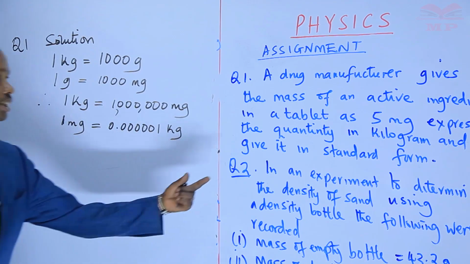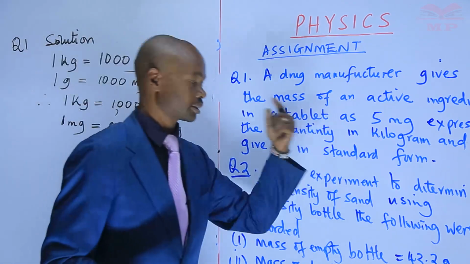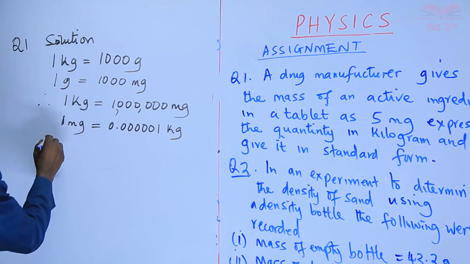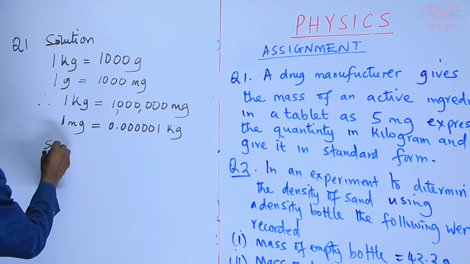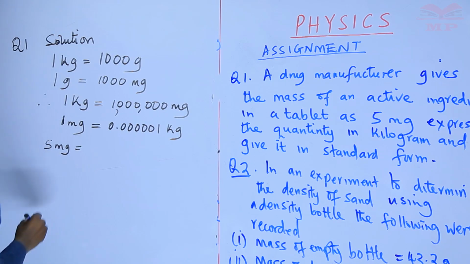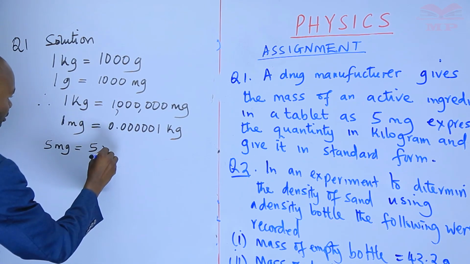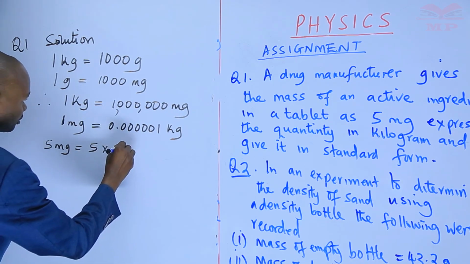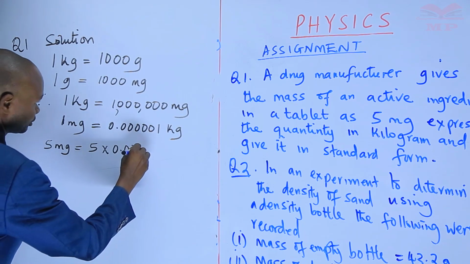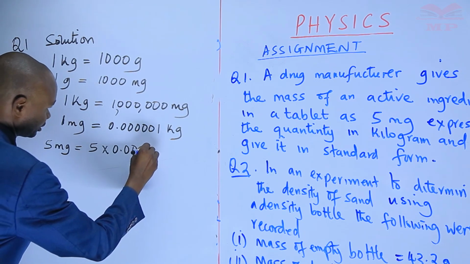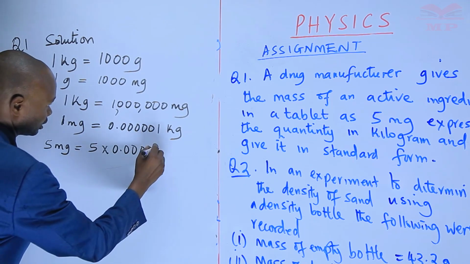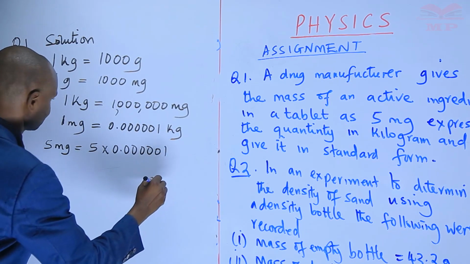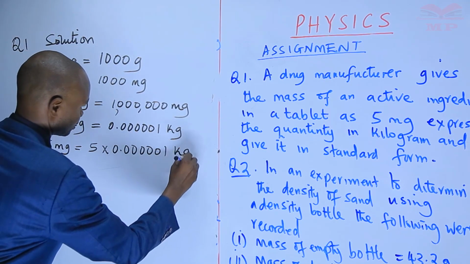So when you are given milligrams, you'll be forced to change into kilograms. So 5 milligrams is equal to 5 times 0.000001 kilograms.